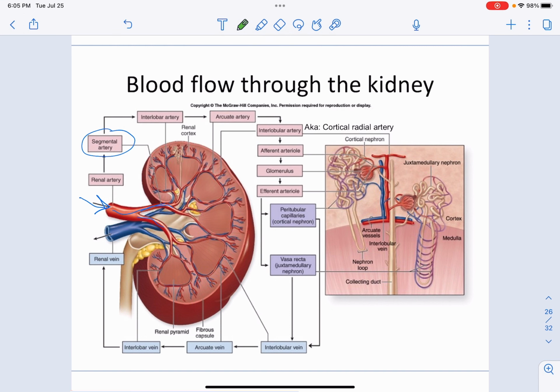From the segmental artery, it's going to branch again into what's called an interlobar artery. It's called the interlobar artery because it passes along the lobes where the pyramids are. So it's coming along the side here.